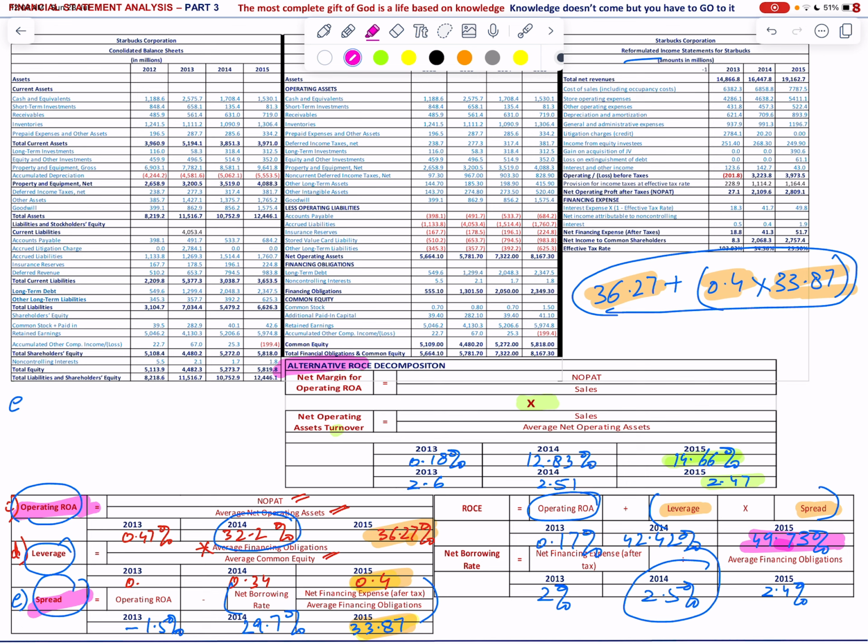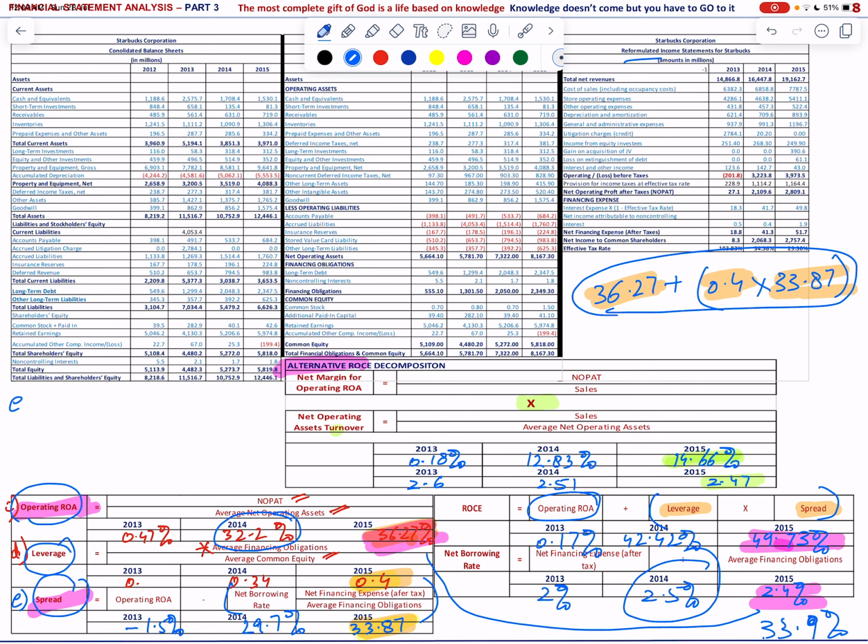In the year 2015, the operating return on asset was 36.27 and the net borrowing rate was 2.4%. So the difference is about 33.9%.